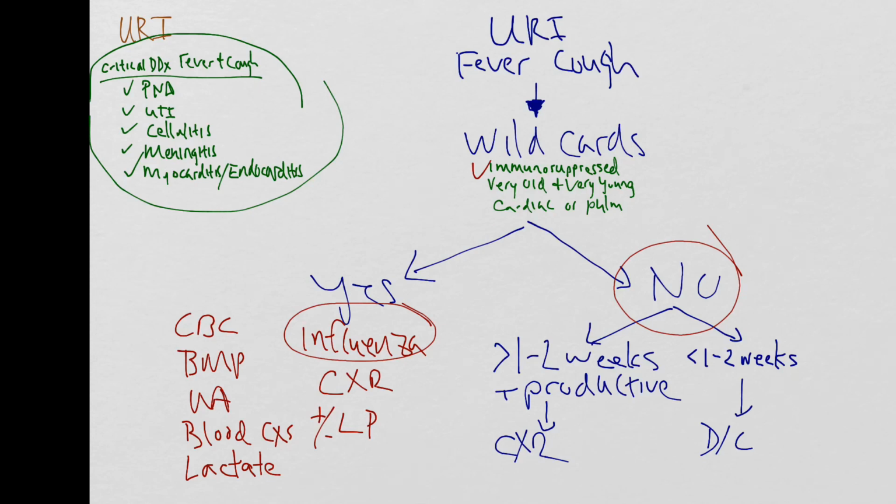So unless your ID department is trying to track how many influenza cases your department is seeing, it's probably best to avoid the influenza swab in a patient without any wildcards, as it really doesn't change your management of the patient. For more information on Tamiflu and its efficacy, you can go to the reference section of the show notes.